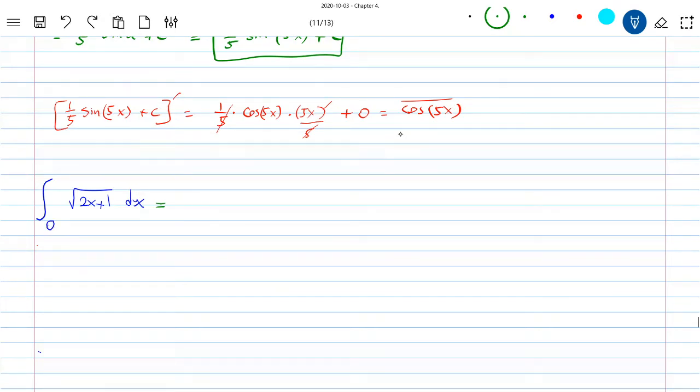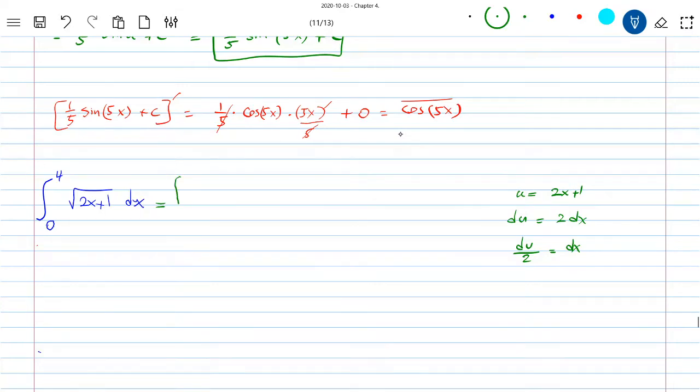We would use the chain rule, because you have a composition of functions, square root with 2x plus 1, another function. So we'll pick the inside function to be u, 2x plus 1, and we figure out what du is and what dx is. du is 2 dx, so dx is du divided by 2.